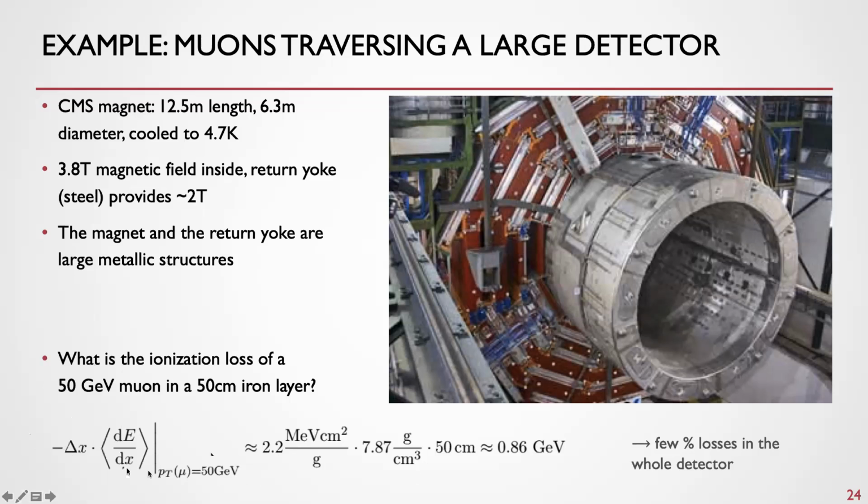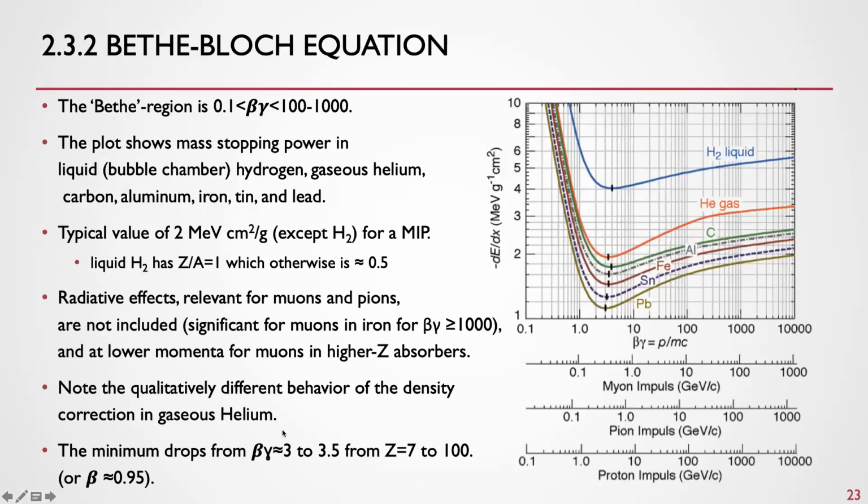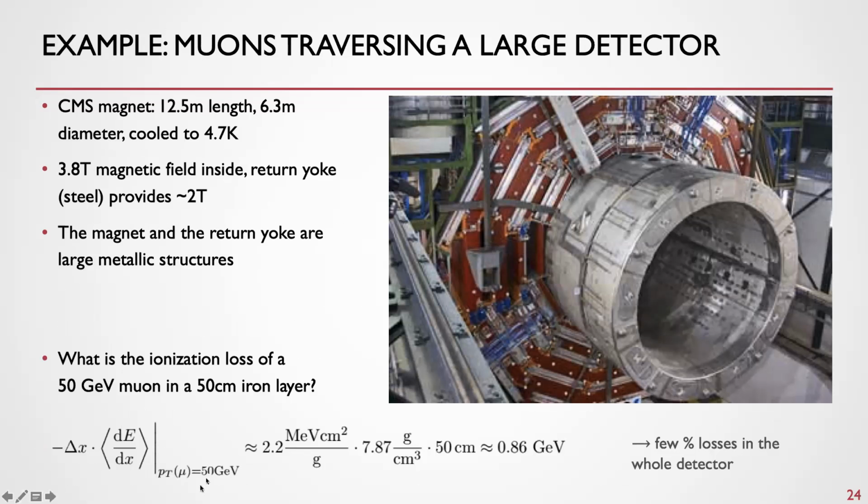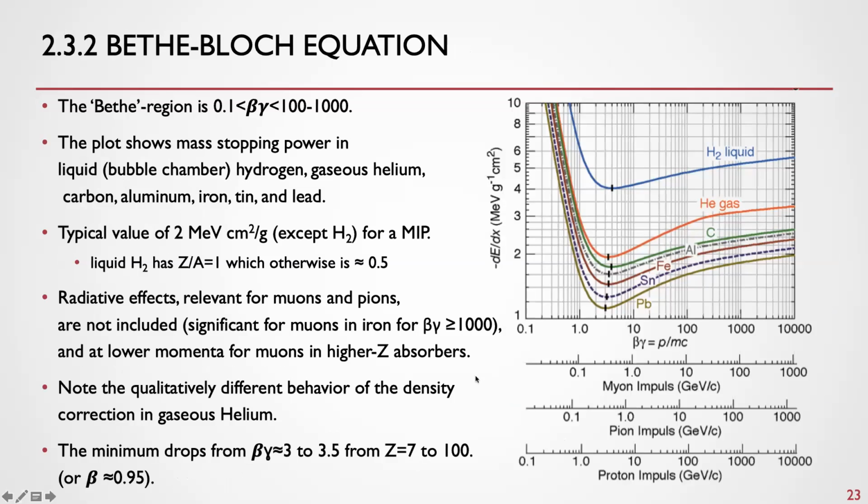The energy loss of a 50 GeV muon, I really would like to do this by hand, but let me do it with the mouse. So we are roughly here at the muon momentum 10, 20, 30, 50. We look at iron, so we are here in this diagram.